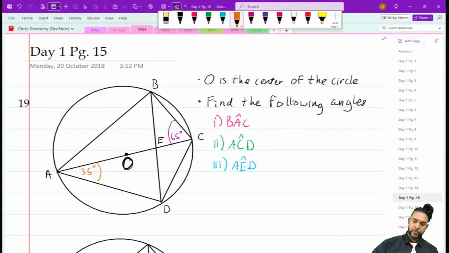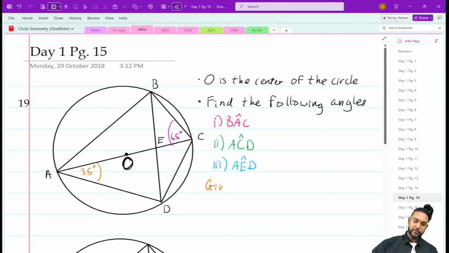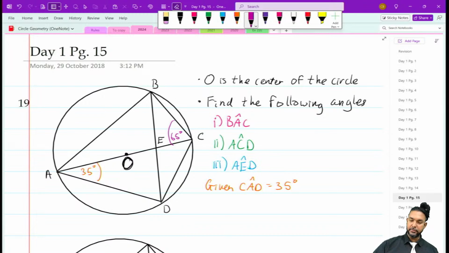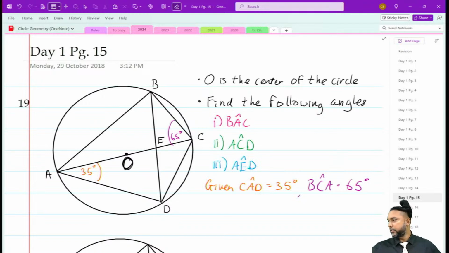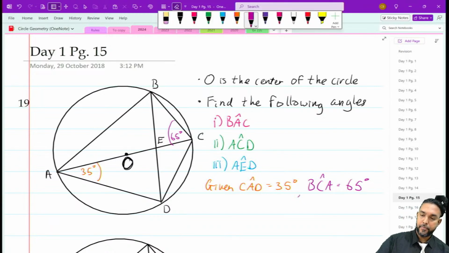So we are given that angle CAD is 35 degrees, and angle BCA is 65 degrees. Right. So don't forget O is the center of the circle.